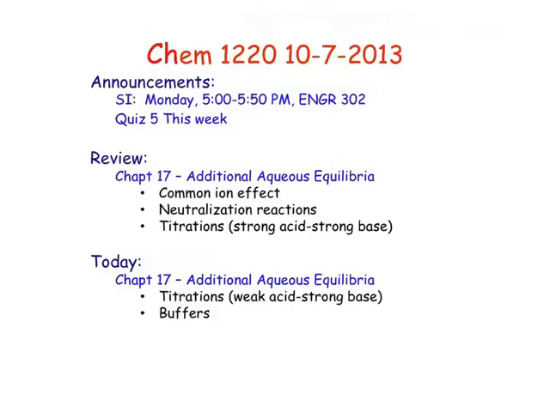And we are in the midst of talking about various additional equilibria. So we've gone from just acid-base equilibria to now what happens if we add a common ion. Oftentimes, that means adding extra conjugate base to the equilibrium.